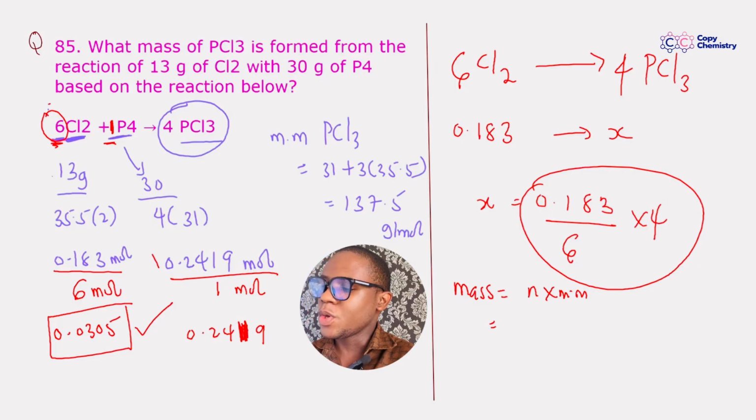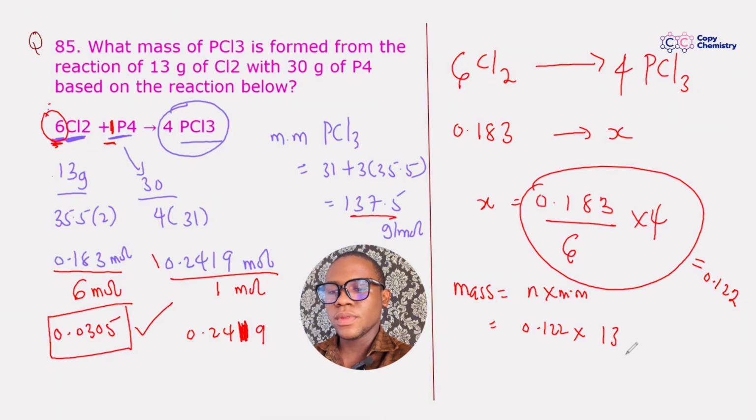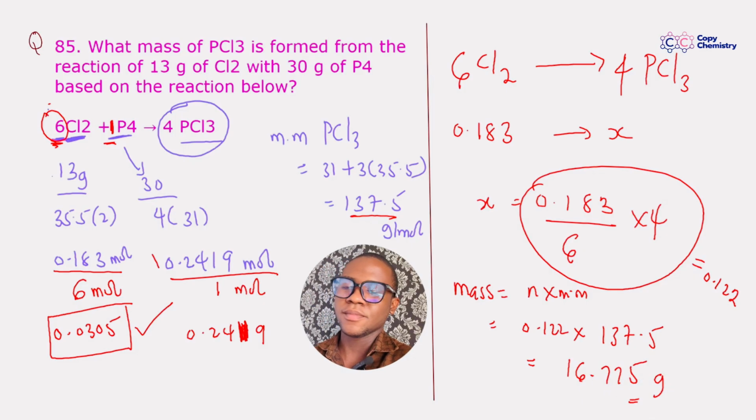That should give us 0.122. And when you multiply that by the molar mass, which is here, 137.5, you will get 16.775 grams. And that is the answer.